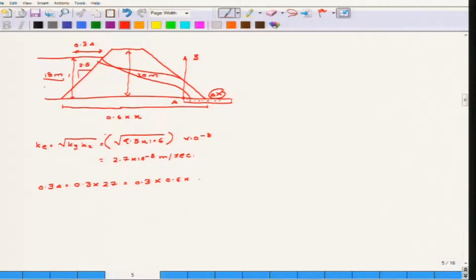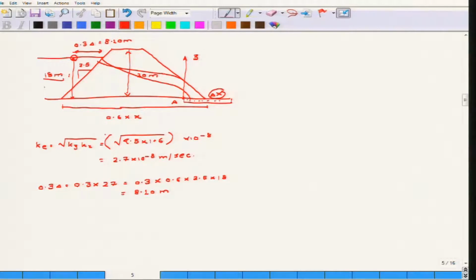Since this is 1:2.5, it has been multiplied by 2.5 into 18. So this comes out to be 8.10 meter. Then you know that this distance is equivalent to 8.10 meter, and this is the point from where the parabola is going to start again.